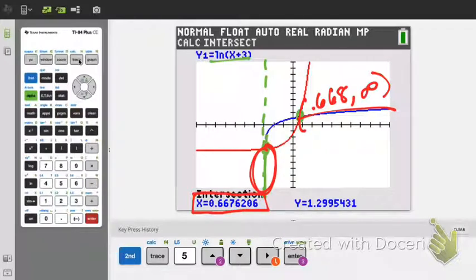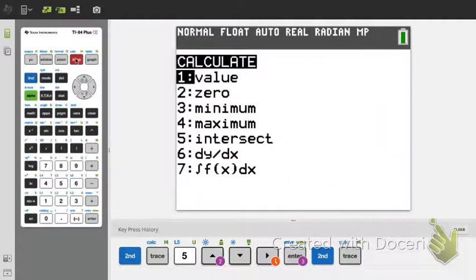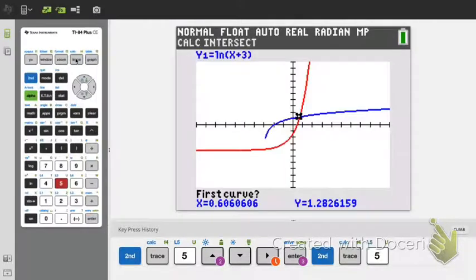And so if I go to second, and then trace, and then intersect.